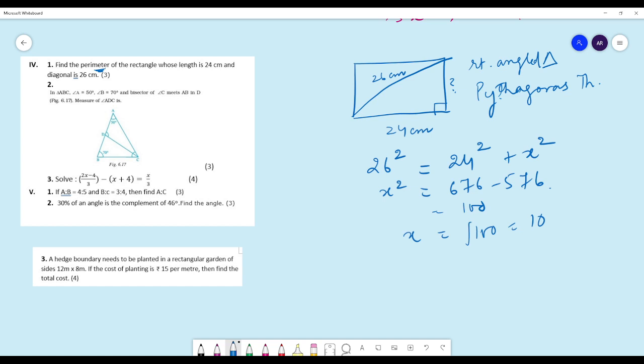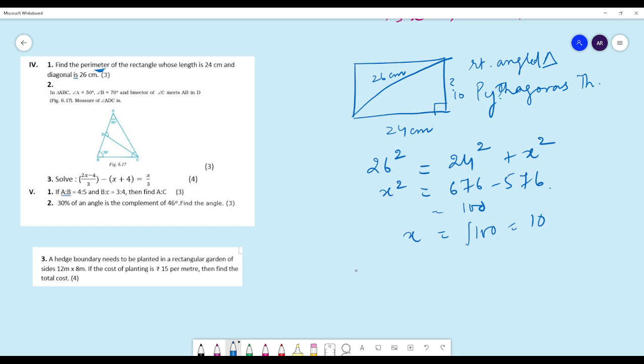So what you find over here is that square root of 100 is 10. So this gives you this side as 10 centimeters.